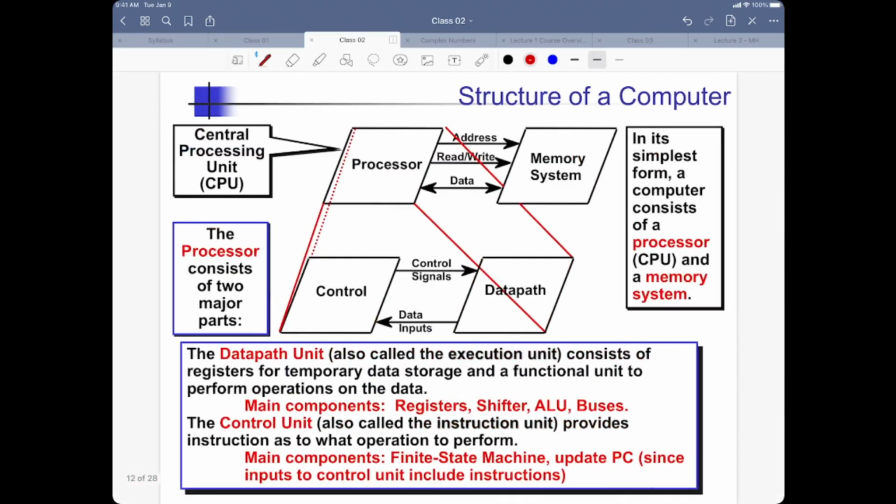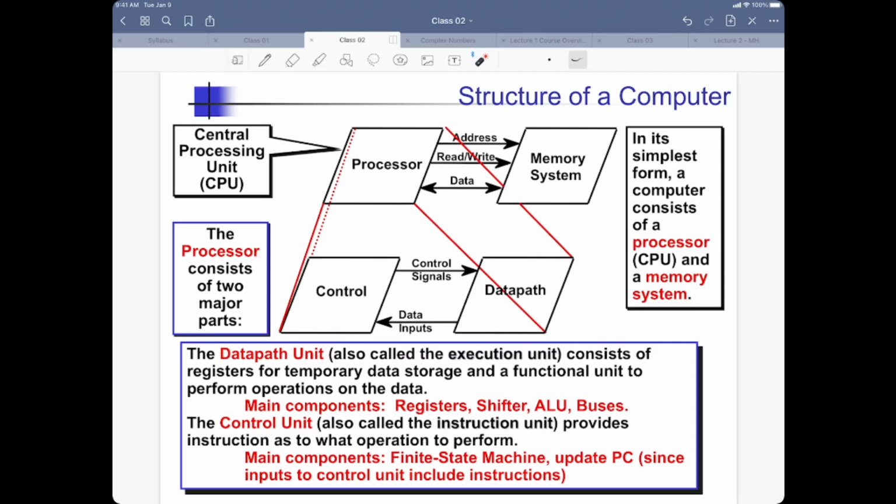All right, structure of a computer. What do we have? We only have generally two things, processor and the memory, right? Processor is going to do the job, and memory is going to have everything else, instructions, data, and all of that. But the processor itself can be broken down into two things.